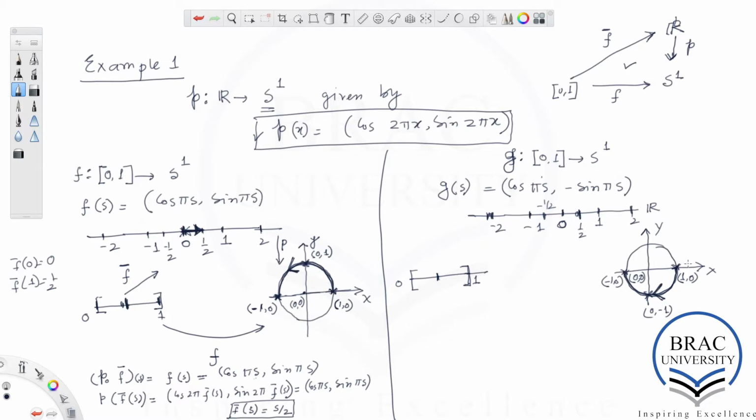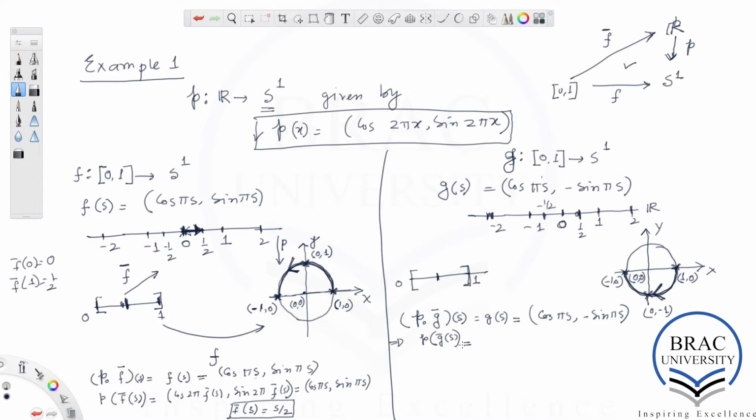Good. Now let us find the lift. Similar to what we did before, we consider p composed with g bar evaluated at s is equal to g of s, and g of s is cosine pi s comma minus sine pi s, right? And p composed with g bar of s is nothing but p of g bar of s.